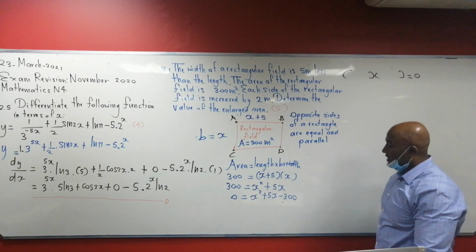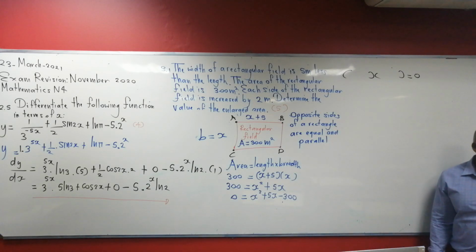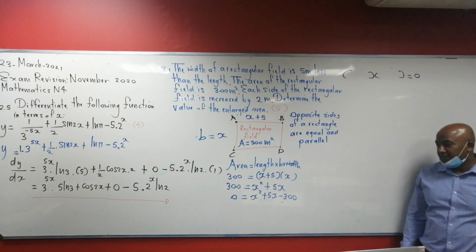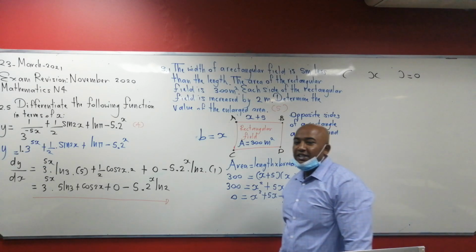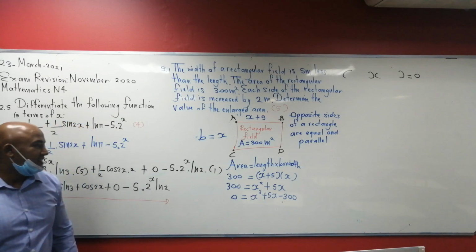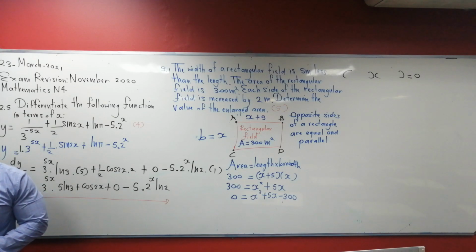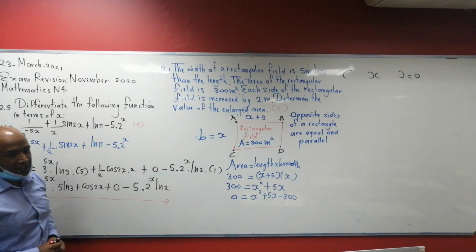Is it possible to factorize? Factors of 300: 30 and 10, 30 times 10. What other factors do you know of 300? 15 and 20.